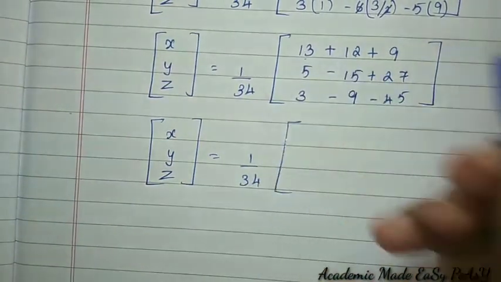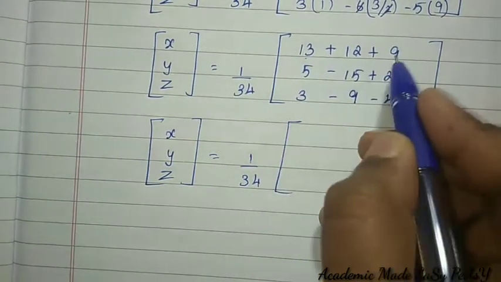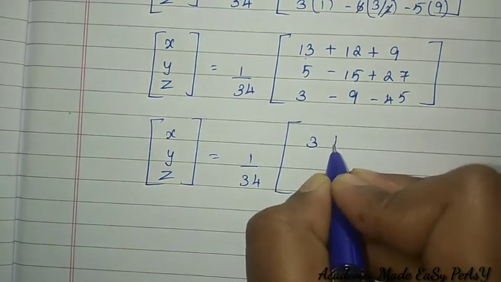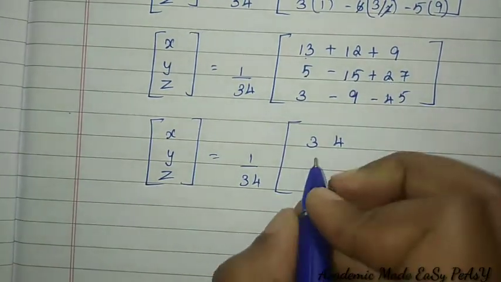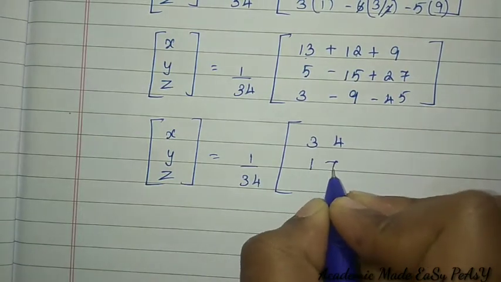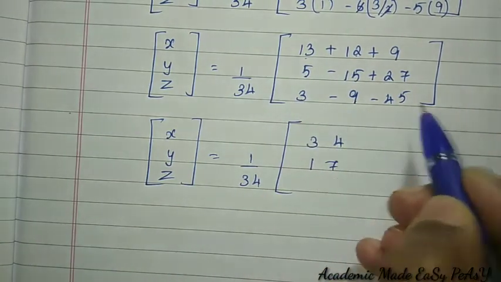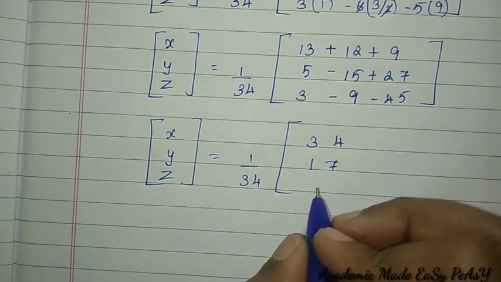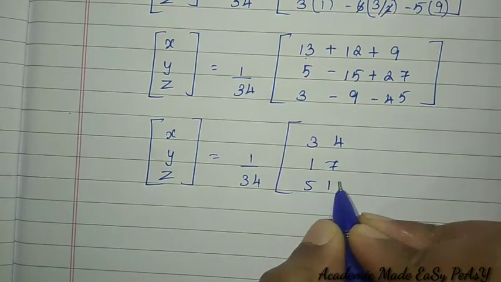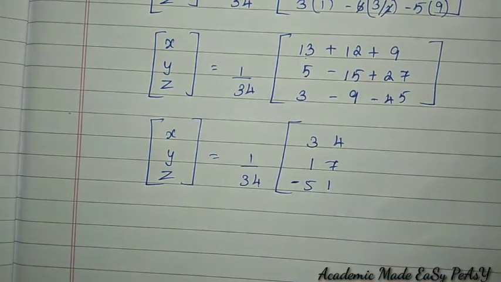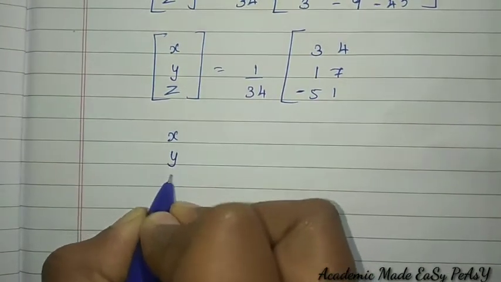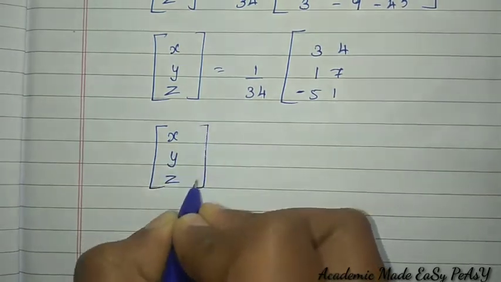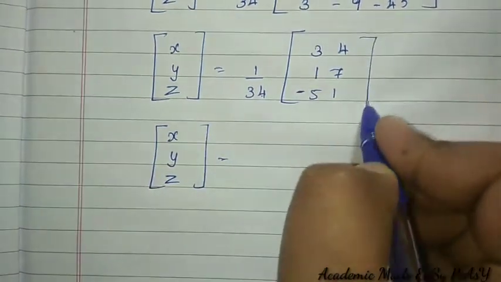So x, y, z is equal to 1 by 34. So 13 plus 12 it is 25. 25 plus 9 it is 34. And here minus 10 minus so 17. So here minus 6 it is 51. So minus 51. So x, y, z is equal to, I will be taking this 34 inside.